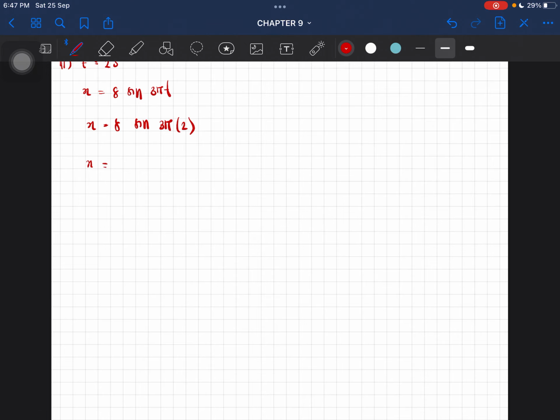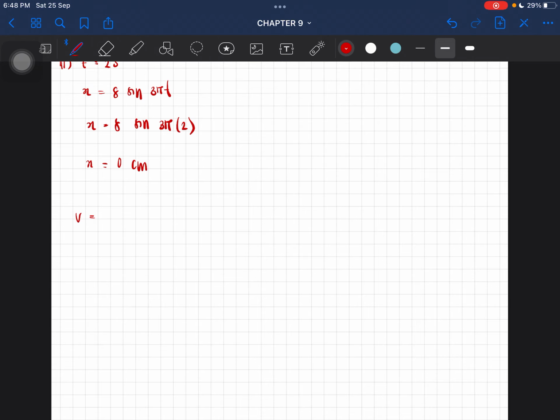So 8 sine 3 times 2 is 6 pi. We have to use radians, so change the mode to radian. So this x is equal to 0 centimeters.